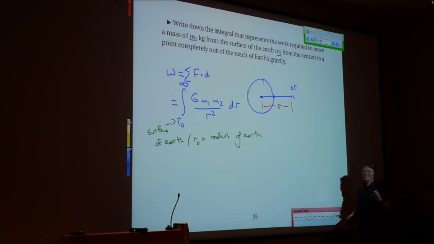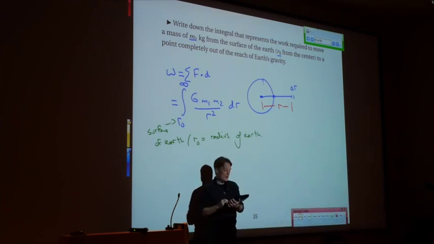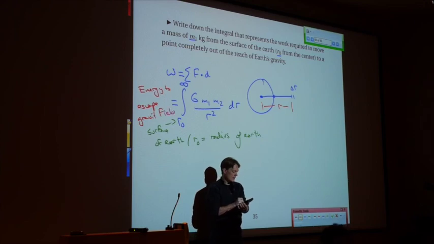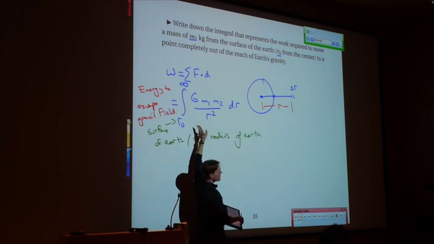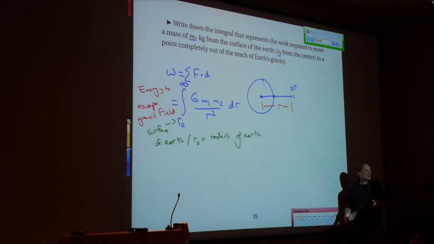So this calculation gives us the energy to escape the gravitational field. Because of that infinity, the field goes forever, so we say, well, what if we could push it all the way out towards infinity?